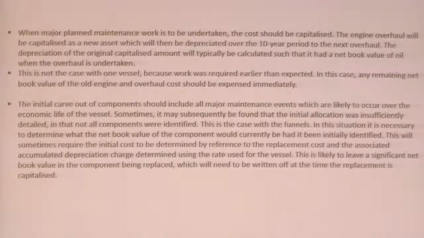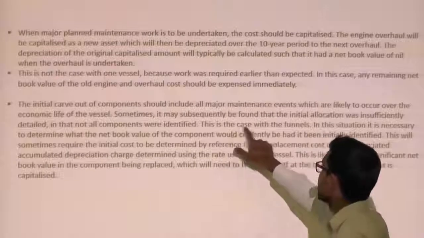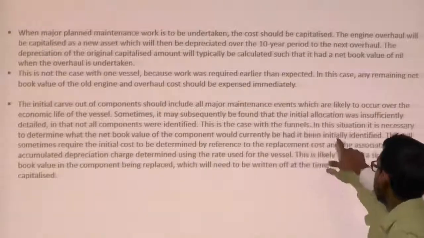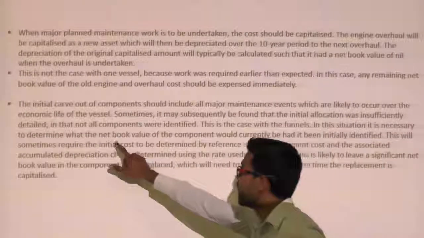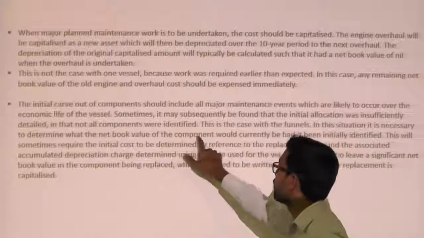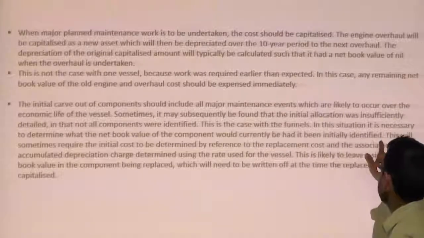Sometimes it may subsequently be found that the initial allocation was insufficiently detailed, in that not all components were identified. I want to take this funnel case. This is the case with the funnels. In this situation, it is necessary to determine what the net book value of the component would currently have been had it been initially identified.